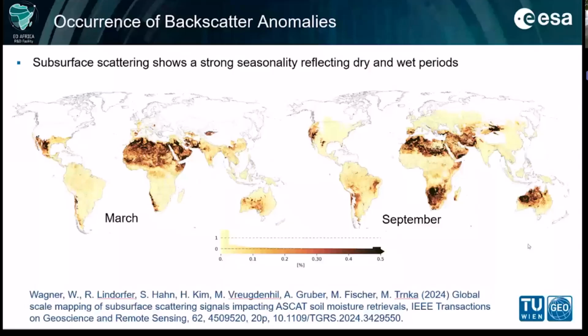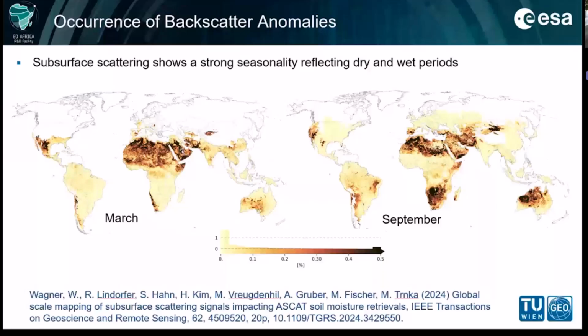Anyhow, we have now been looking for the subsurface scattering signals, and we have mapped them on a global scale. You can also do this dynamically. If you, for example, look at the month of March, then we see subsurface scattering occur in those areas here. The darker the color is, the more robust subsurface scattering signals we are observing.